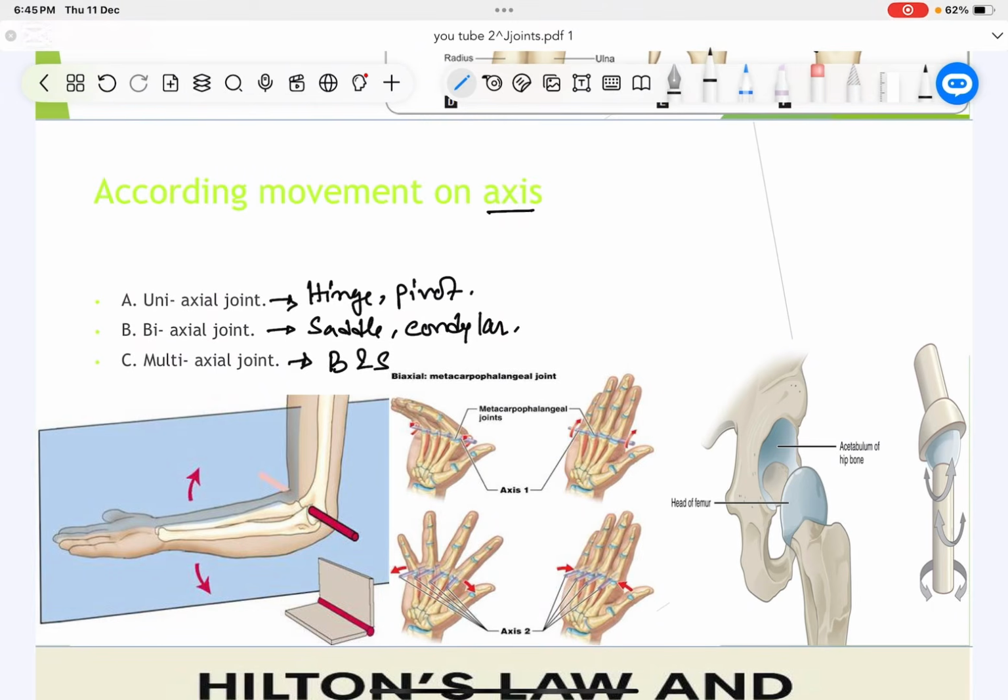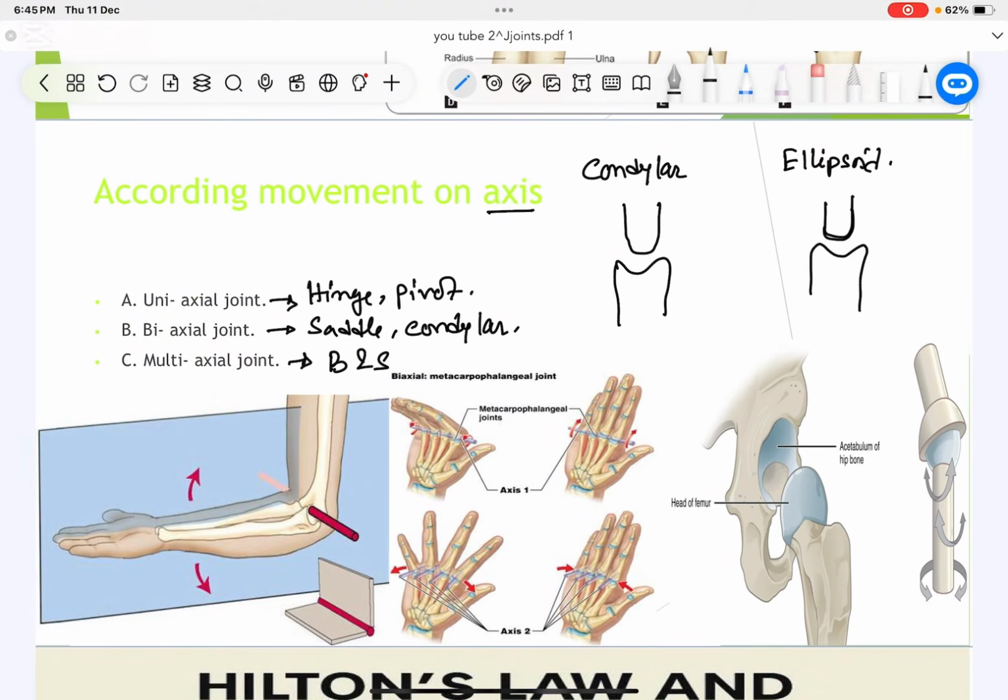As just some time before I said, condylar and ellipsoid, both surfaces are behaving the same. One is convex, another one is concave. So surface behavior is the same, then also we said they are two different because of different axes.